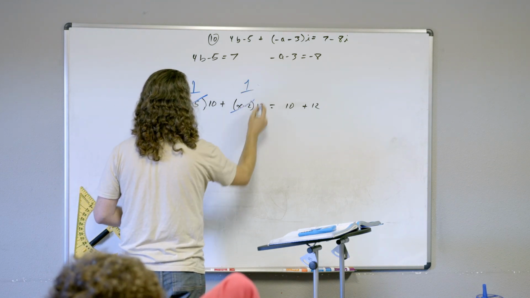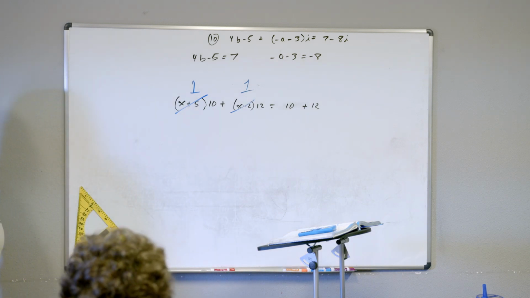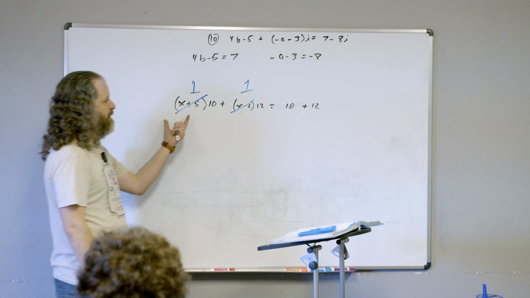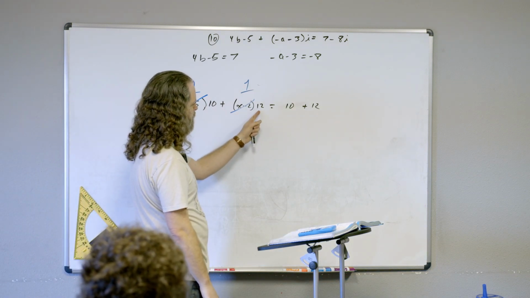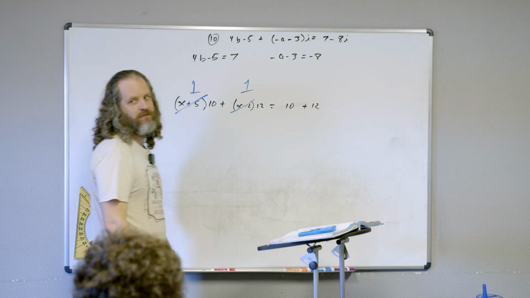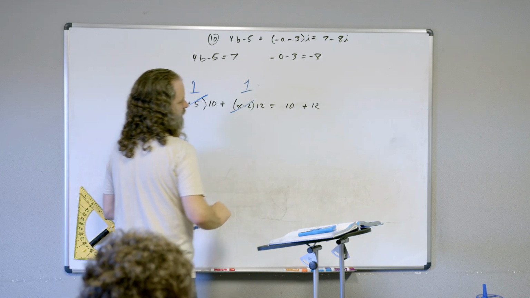Why? This side is all this mess times 10 and all this mess plus all this mess times 12 equals just the 10 plus just the 12. So this has got to be 1 and this has got to be 1, right?